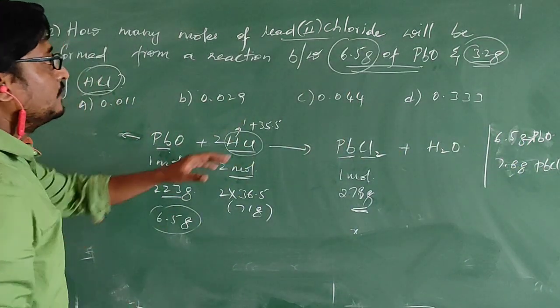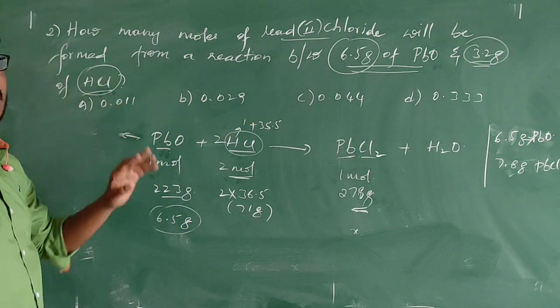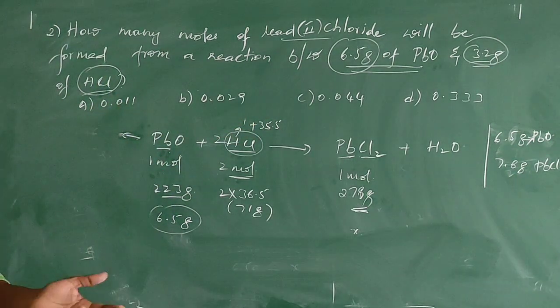Then from 3.2 gram of HCl, let us see how much amount of lead chloride can get produced.